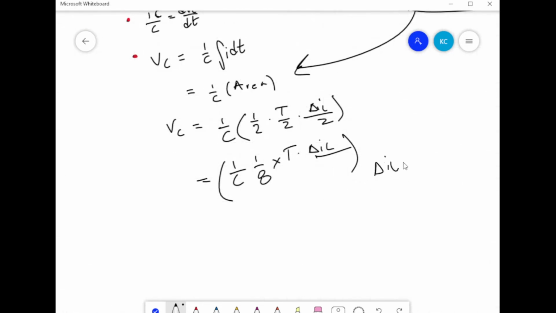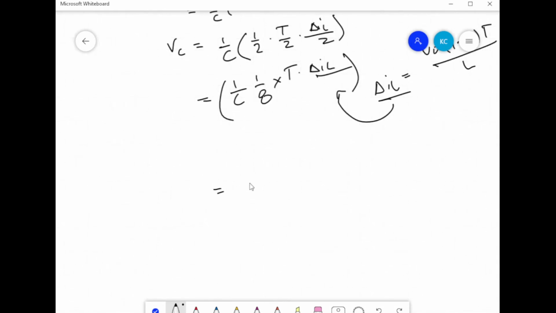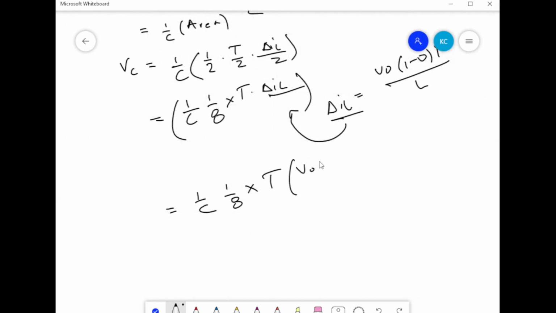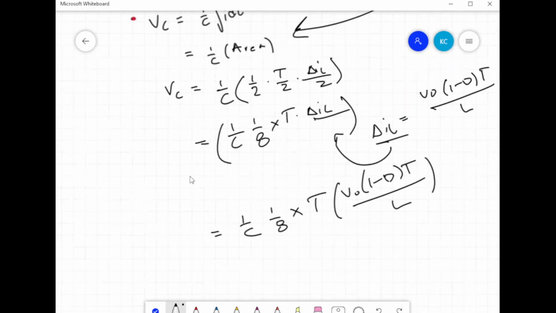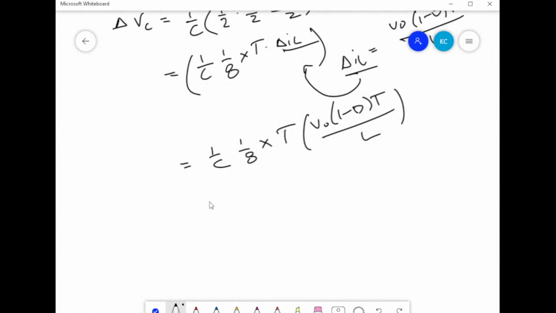So if you recall, let's make this substitution, and we're left with 1 over C times 1/8 times T times V_O times (1 minus D) T. And we need to rewrite this as the delta V_C, because we'll replace it with the area and not the integral.